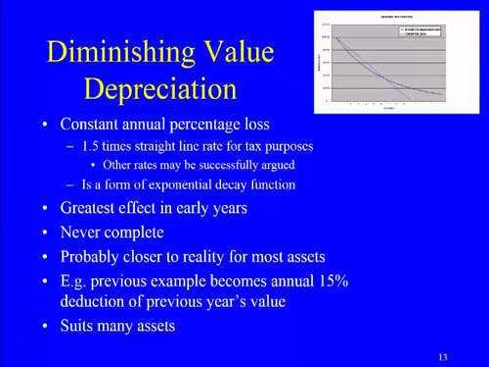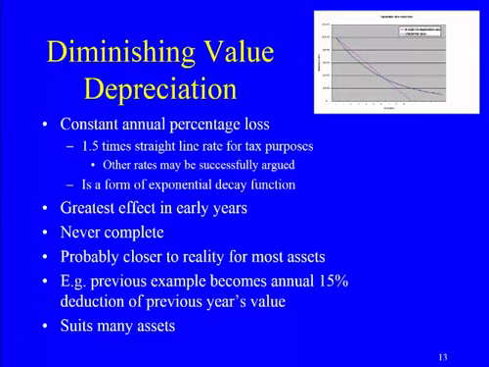It has the disadvantage, unfortunately, that it never completely amortizes the value of the asset. And this is because so long as there is a positive value in one year, from which some percentage will be taken to depreciate it, the next year will always be a percentage of that positive value.